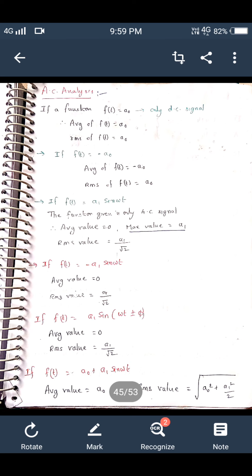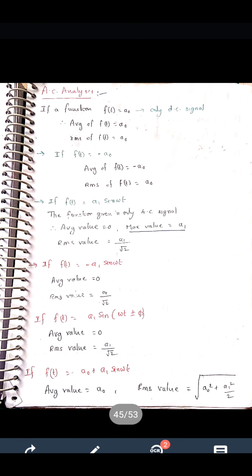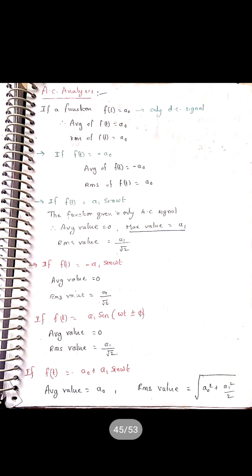If a signal is given as A1 sin omega t, that signal is called an instantaneous value, so it is an AC signal. Then the average value is 0. Average value doesn't exist for an AC signal. If I ask for the RMS value, the given A1 is in the form of Vm sin omega t or Im sin omega t, so A1 is the maximum value.